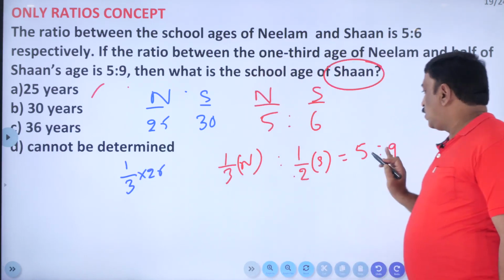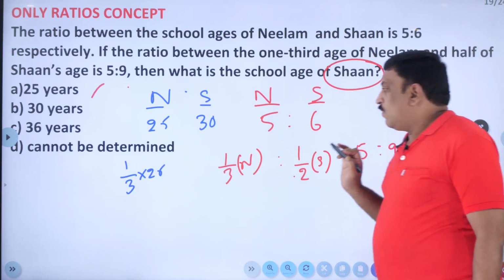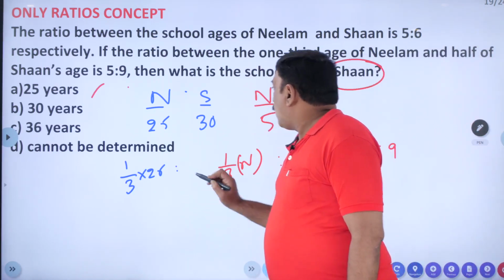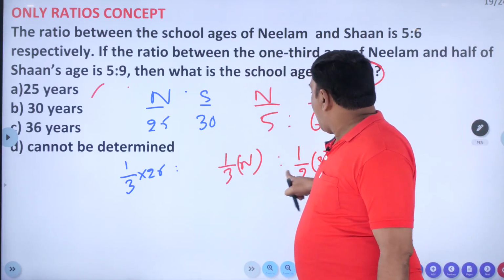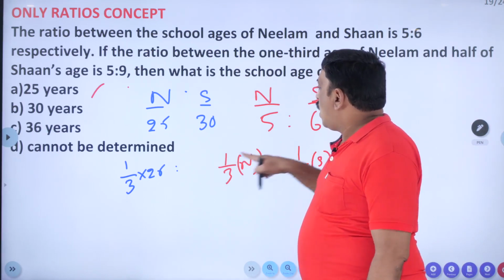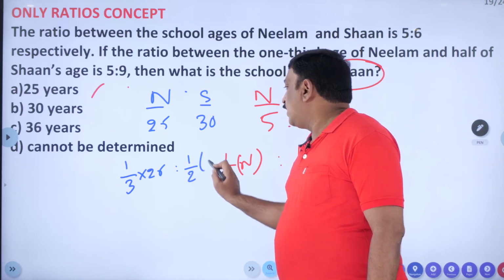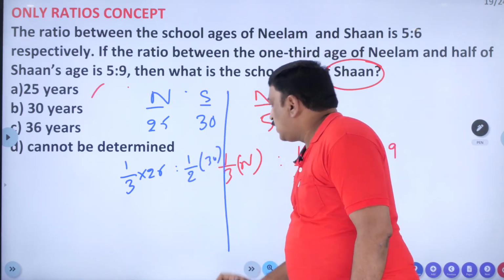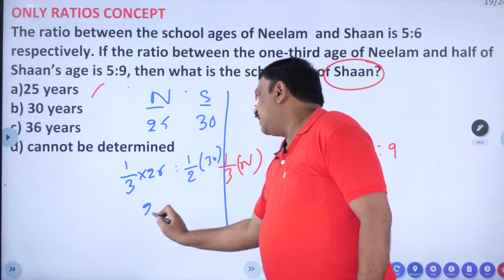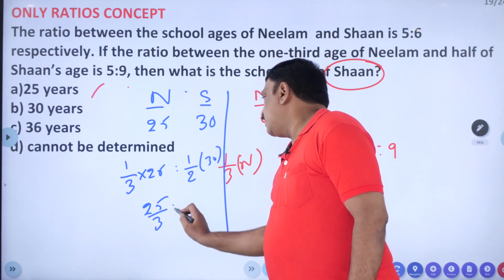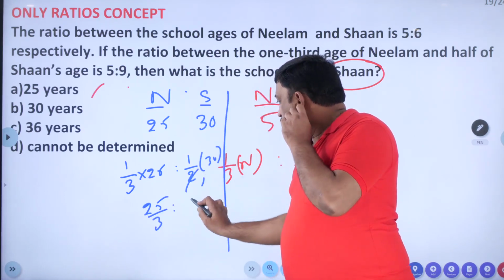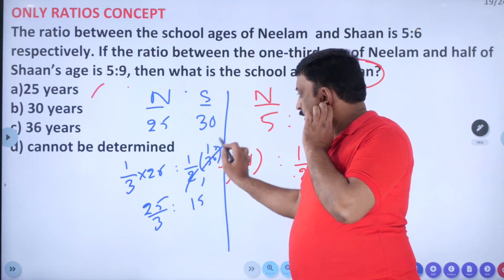If we try this, you should get 5:9. 1/3 of 25. And what about Shan? Half of Shan's age is half of 30. I'll write here half of 30. Let us see how much it is. So here 25/3, and here 15. Okay, it is 15.